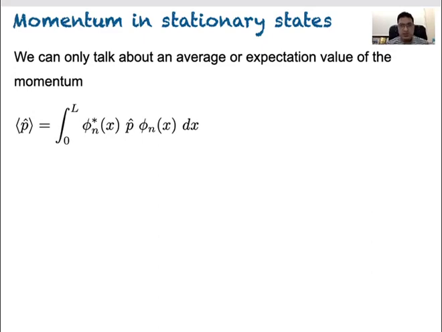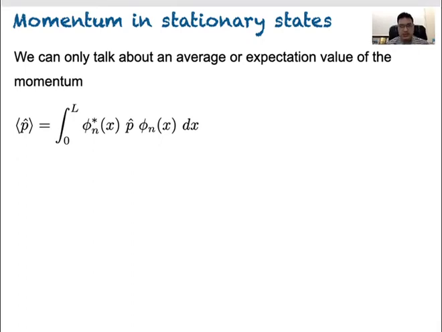Now you have noticed that when defining the expectation value of this operator, we have removed a divided term, that is the integral of phi n star phi n dx, which you saw in the case of the free particle. The reason is simple: here your wave function is normalized, so we don't need to normalize the whole value again, unlike for a free particle, where the wave function was not normalizable.